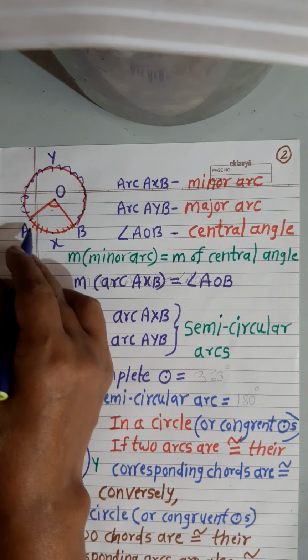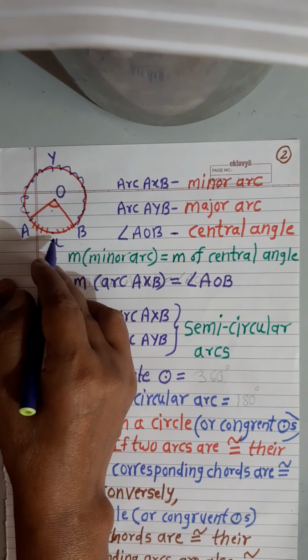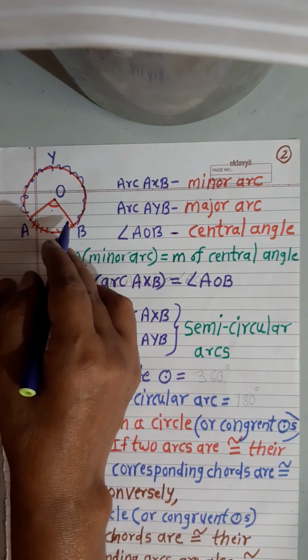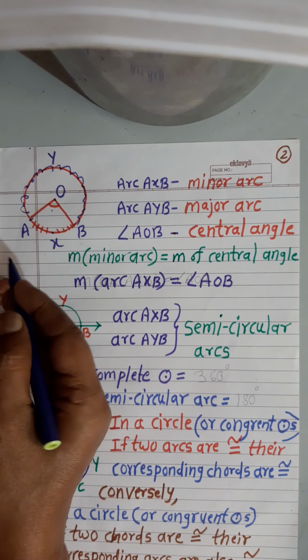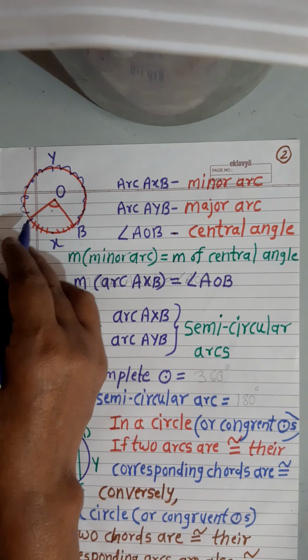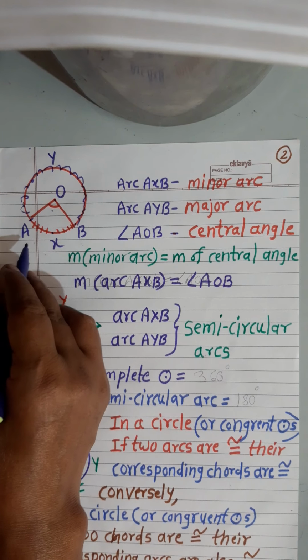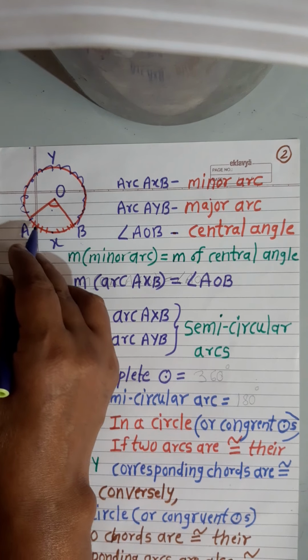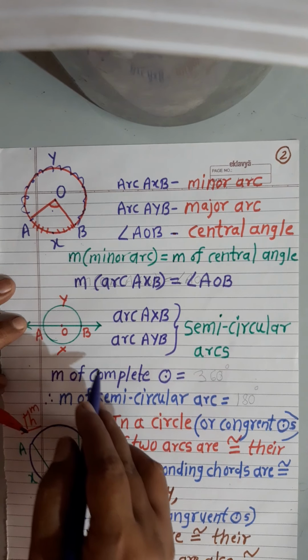If the measure of arc AXB is 30 degrees, then the measure of angle AOB is also 30 degrees. Or conversely, if angle AOB is 80 degrees, then the measure of arc AXB is also 80 degrees.